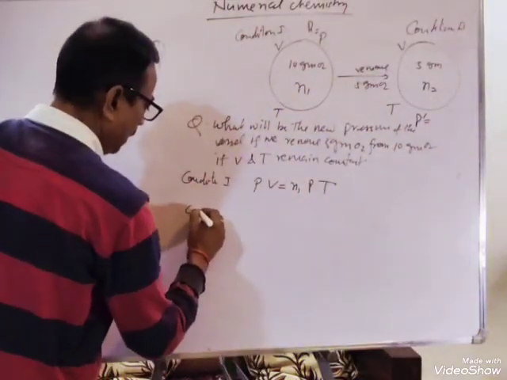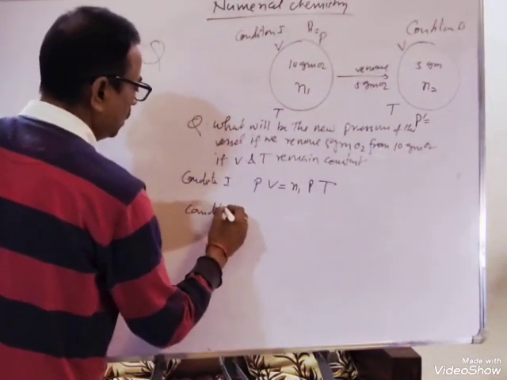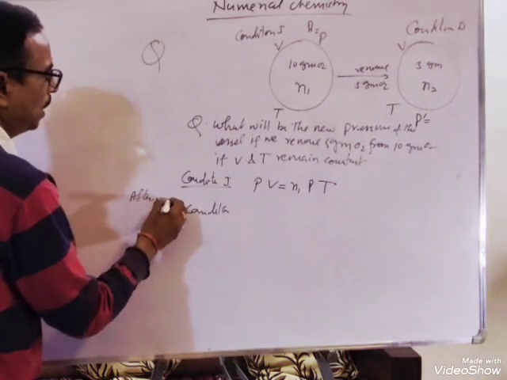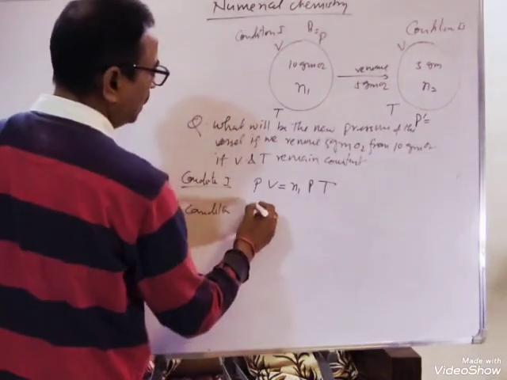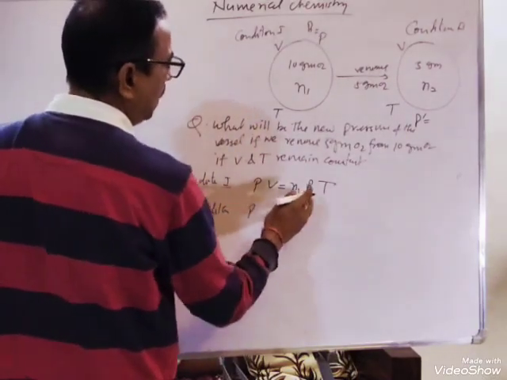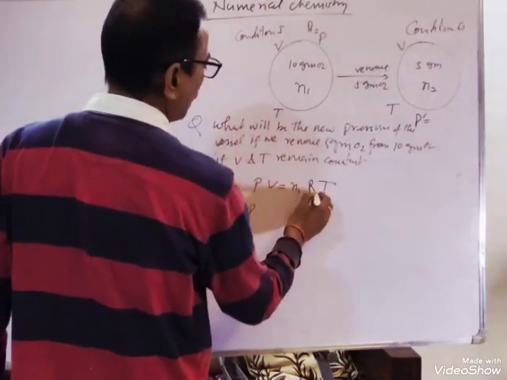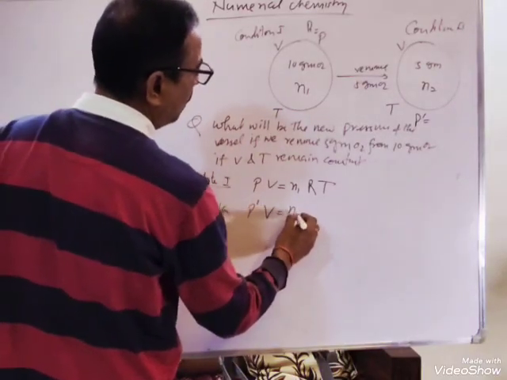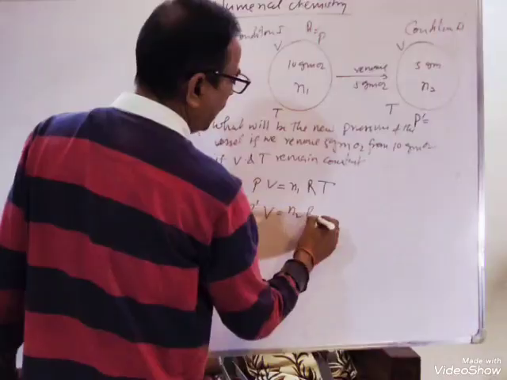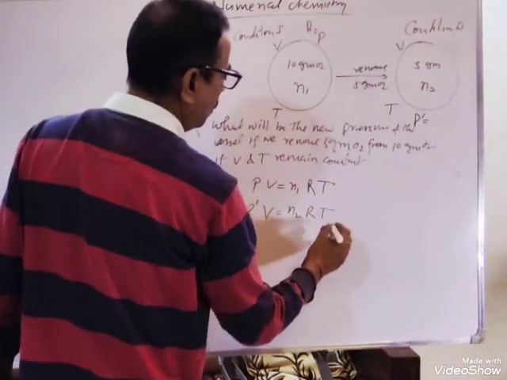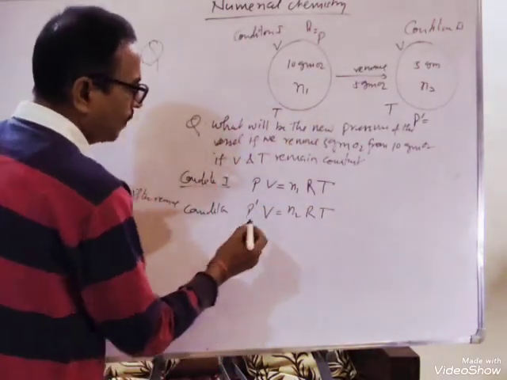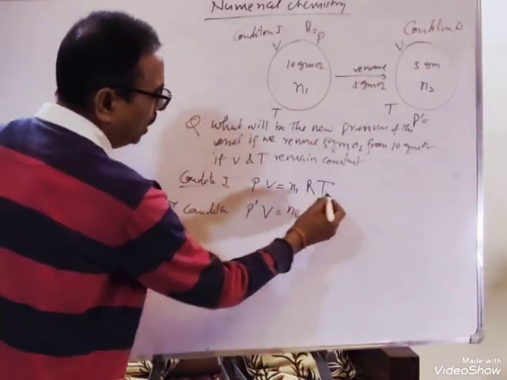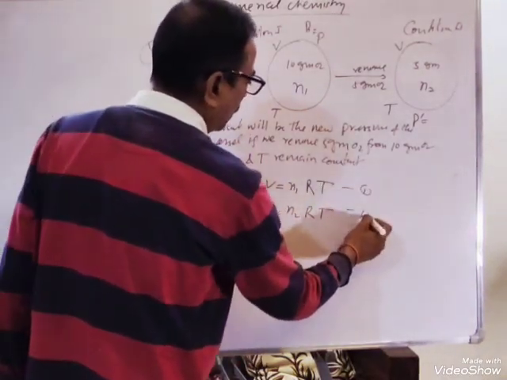And second condition, after removing, this is before, after removing. Condition second, what will be the pressure? Suppose P dash, volume is constant, number of moles is N2, R gas constant, temperature is again constant. So if we see, volume and temperature remain constant, this is first equation, this is second condition.